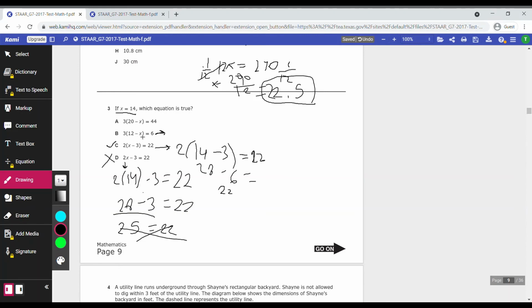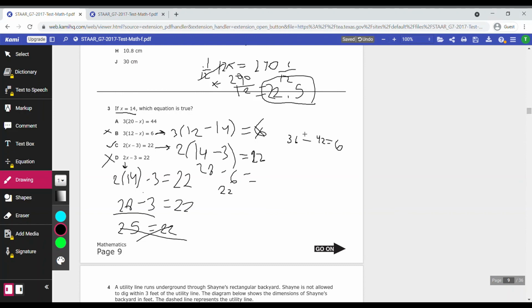So let's try this one. You plug in 14 instead of x, so 3 times 12 minus 14 equals 6? 3 times 12 is 36, minus 3 times 14, which is 42. It's not equal to 6, it's equal to negative 6, so that's not the right answer.